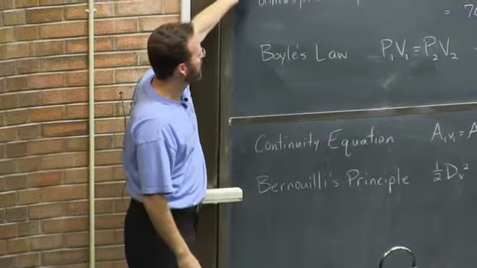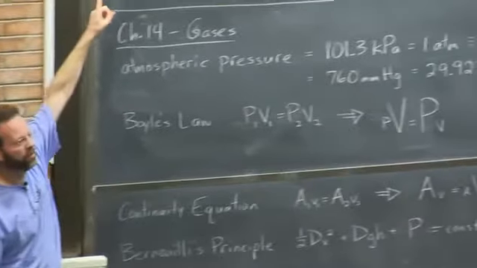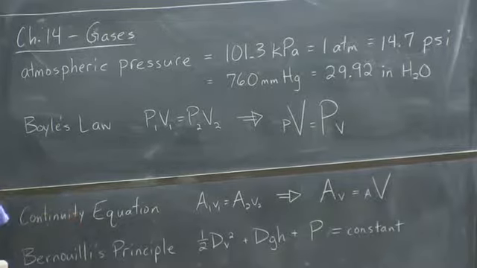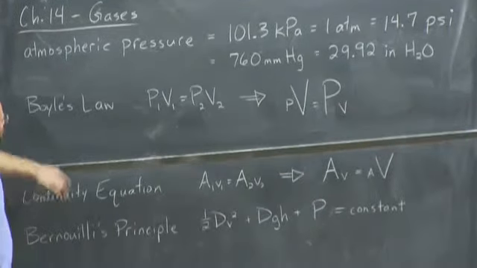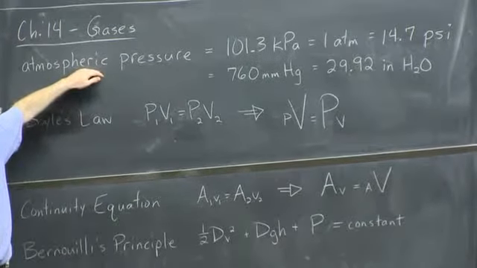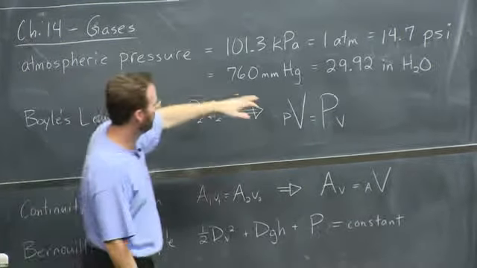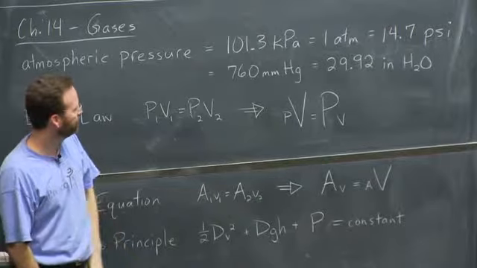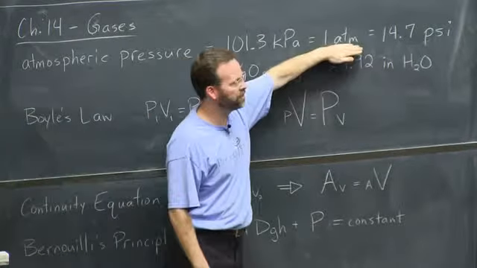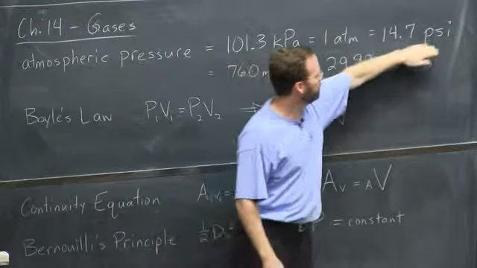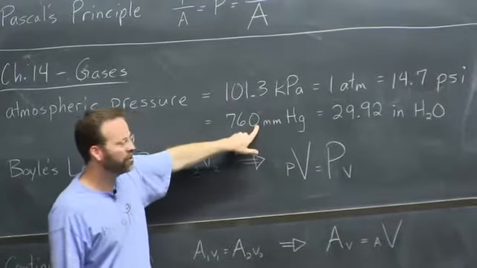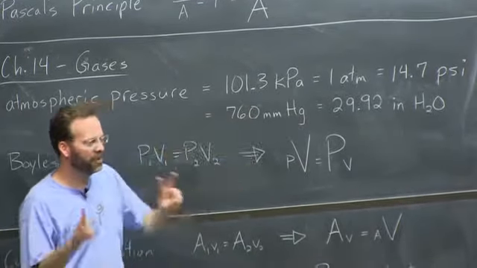Chapter 14 was on gases, and all that stuff applied to liquids as well as gases, as we've just been discussing. We were dealing with atmospheric pressure now. And these are some of the values in the book, and we discussed. It's about 100,000 pascals. We often refer to it as 1 atmosphere. Some of you know it as 14.7 pounds per square inch. If you ever take your blood pressure, it's measured in millimeters of mercury.